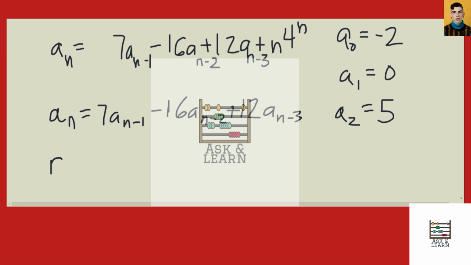And so the characteristic equation is, this should be, r cubed minus 7r squared plus 16r minus 12 equals 0.